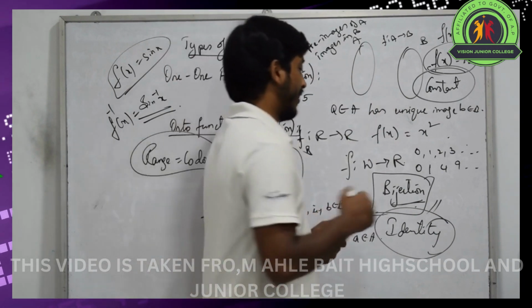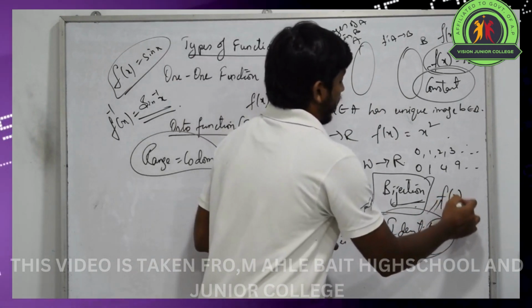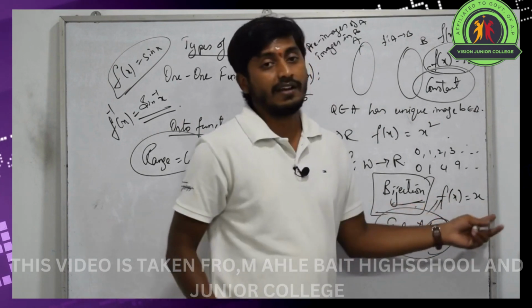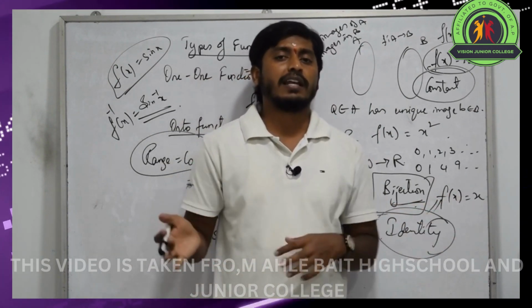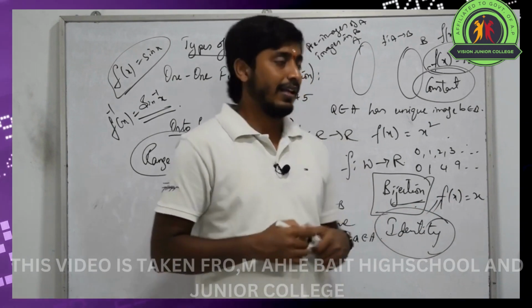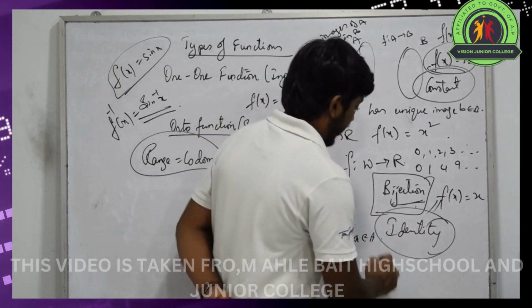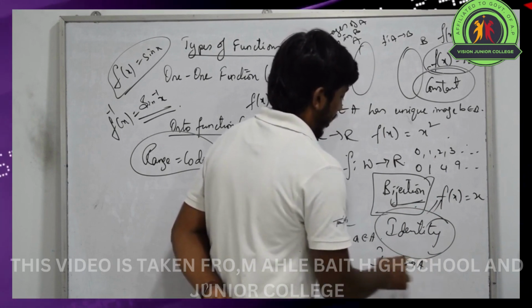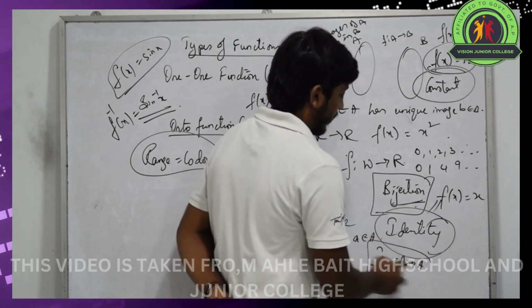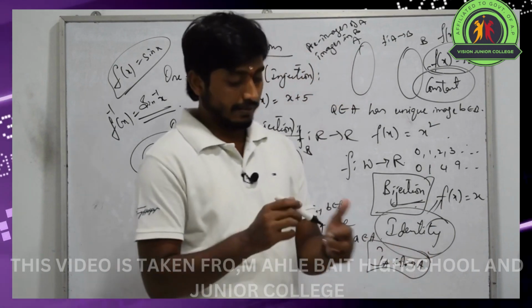For example, if I substitute 5, then I will get the value as 5. If I substitute 4, the output I will get is 4. Clear? It is popularly denoted by I_A. That is, it maps from A to A. Clear? Is that right? Yes or no?